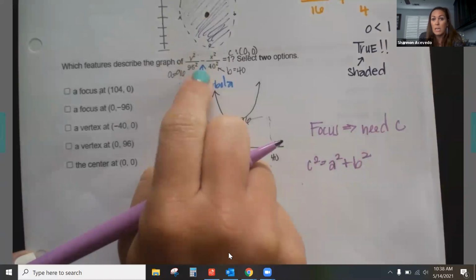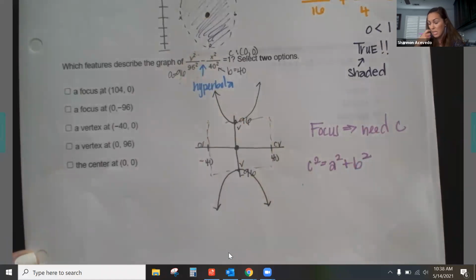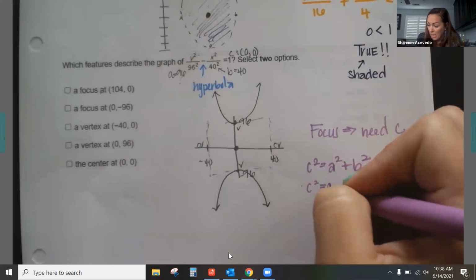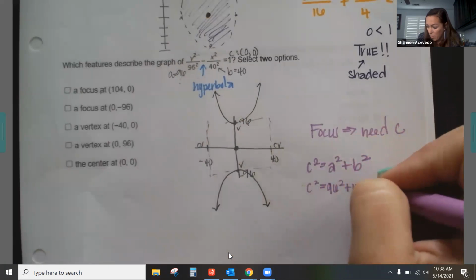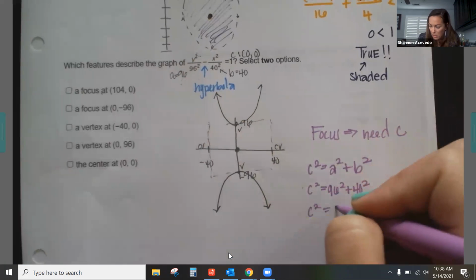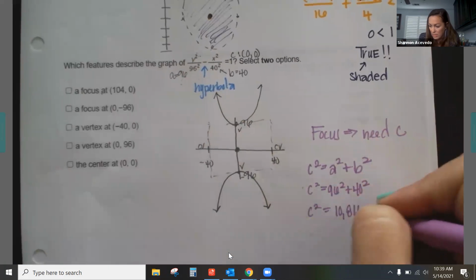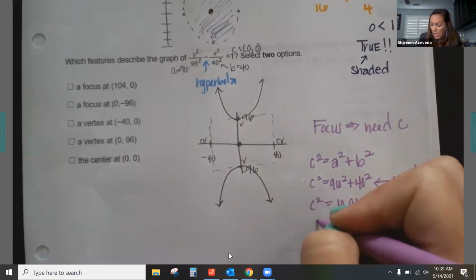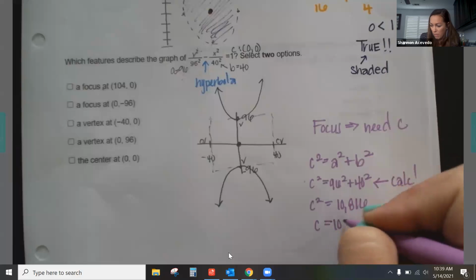Remember, when we have an ellipse and it's a plus here, then I use a minus here. So I know my A, I know my B, I plug it in and I get C squared equals 96 squared plus 40 squared. I plug that in my calculator. I get C squared is going to be 10,816. And then I end up with C is going to be 104.